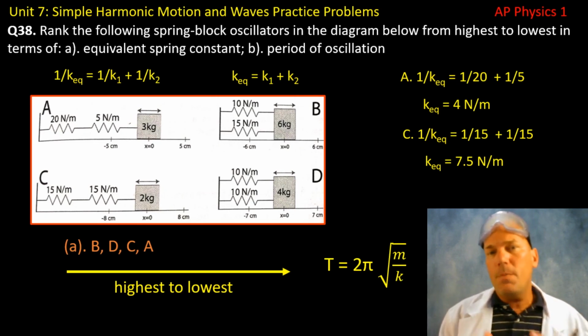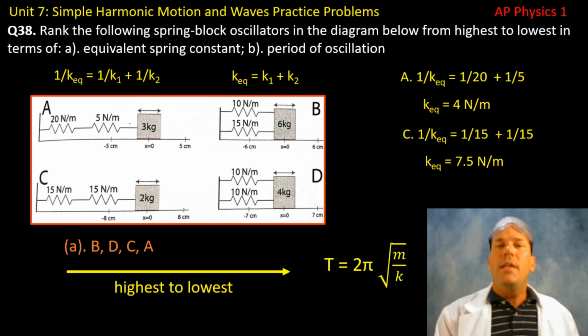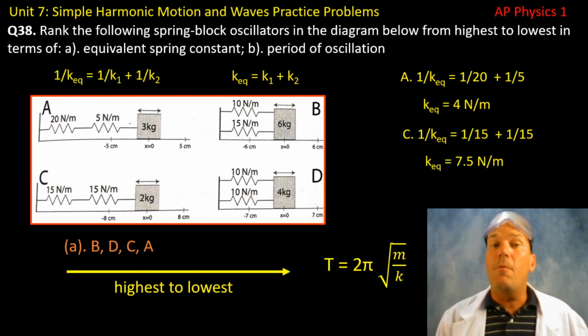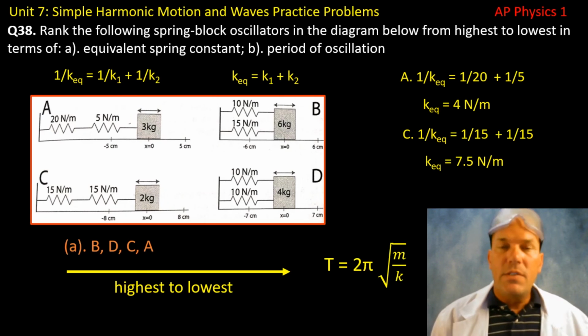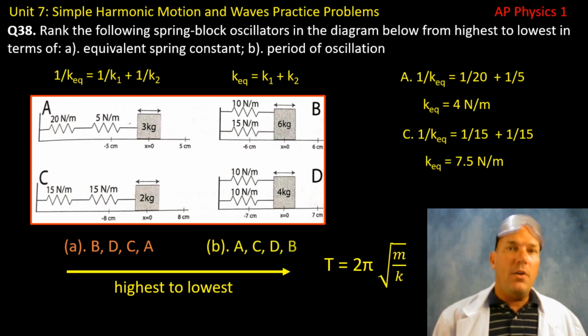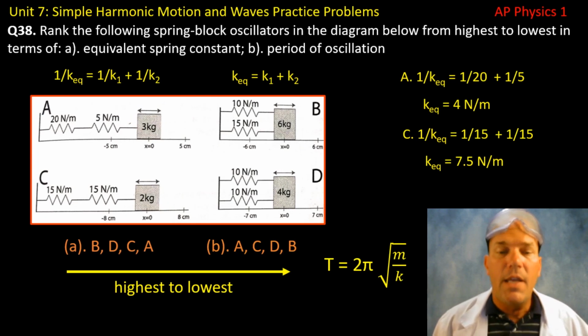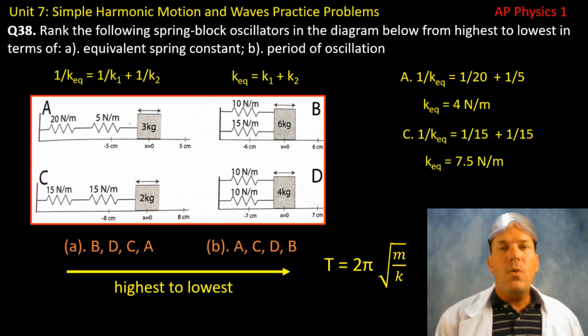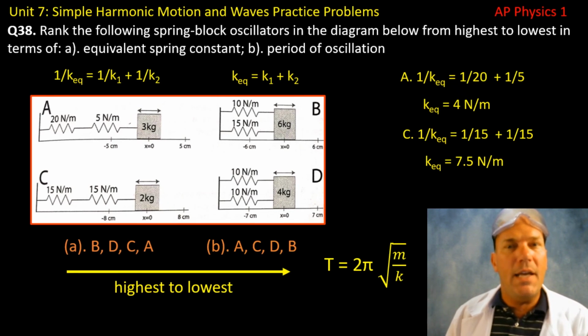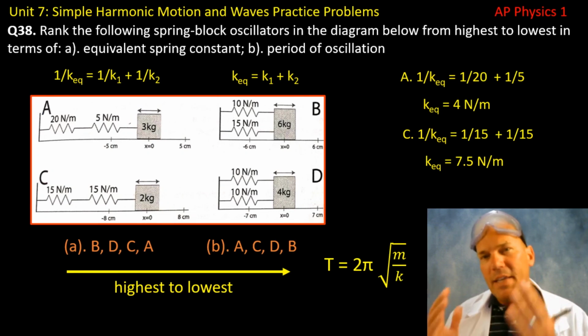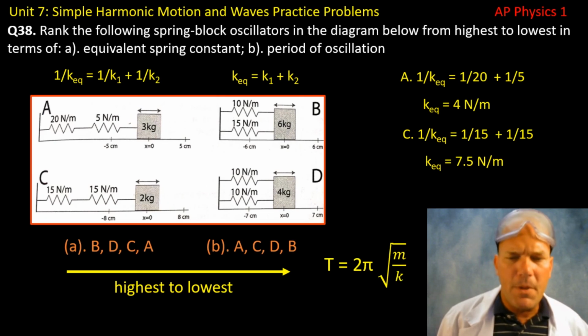So our answer to part B is going to be the opposite order of what we had for part A. So we're going to have that our greatest period, or the period that is the longest, is A. A corresponded with our spring constant that was the smallest, again, only 4 newtons per meter.